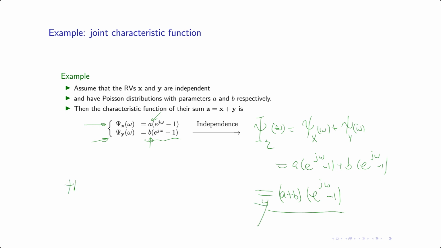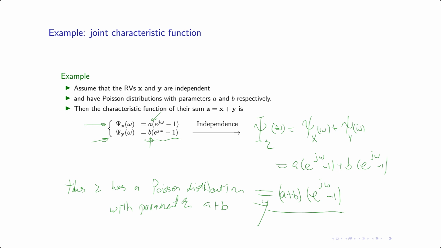So thus Z has a Poisson distribution with parameter a plus b.